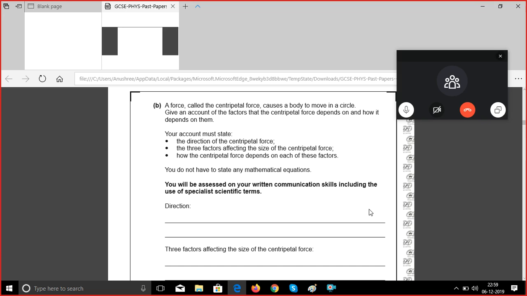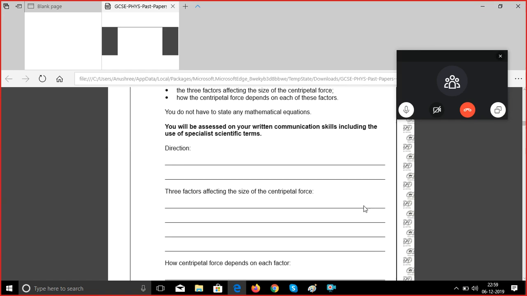The account must state the direction of centripetal force, which is given as towards the center. The direction of centripetal force is always towards the center. That's the first thing. Direction is done. Now three factors affecting the size of centripetal force.